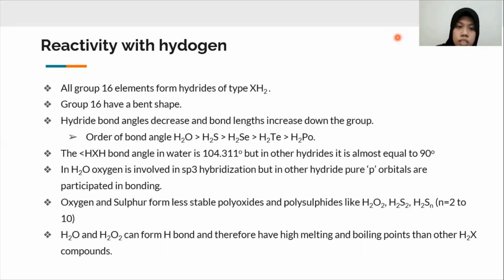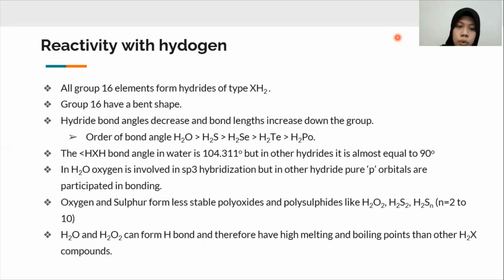In water, H2O, oxygen is involved in sp3 hybridization, but in other hydrides, pure p orbitals participate in the bonding. Oxygen and sulfur form less stable polyoxides and polysulfides like H2O2, H2S2, H2Sn. So the n represents numbers starting from 2 to 10.